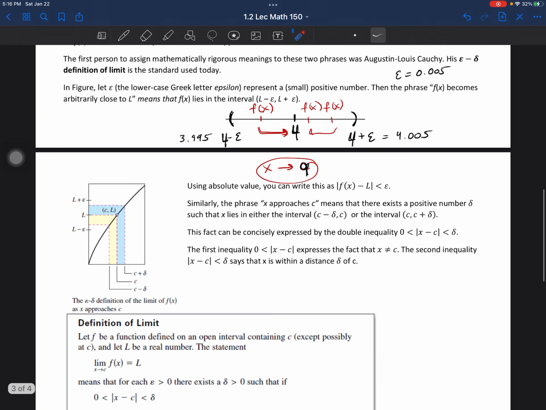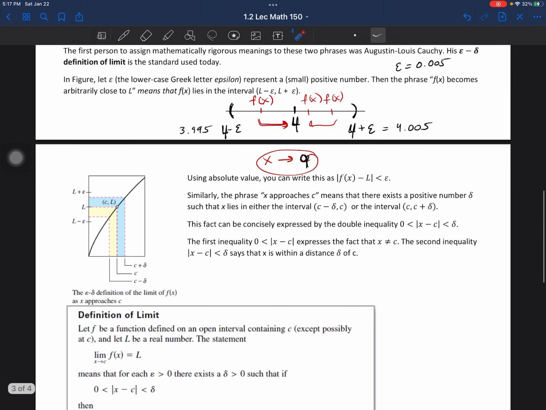And so the way we would write this mathematically and formally is by saying that the difference between f of x and L is very small. The difference between f of x and, let's say, 4 is very small. These two values are very close, so therefore the difference between them is very small.